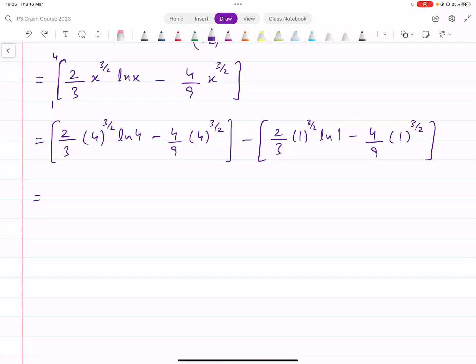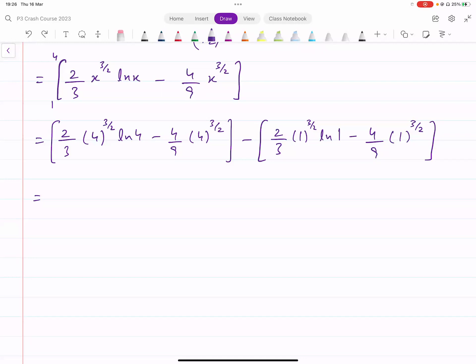Now, if I were to do it on my calculator, 2 divided by 3 into 2 raised to power 3, which is 8, ln 4 minus 4 divided by 9 into 8, plus 4 divided by 9.